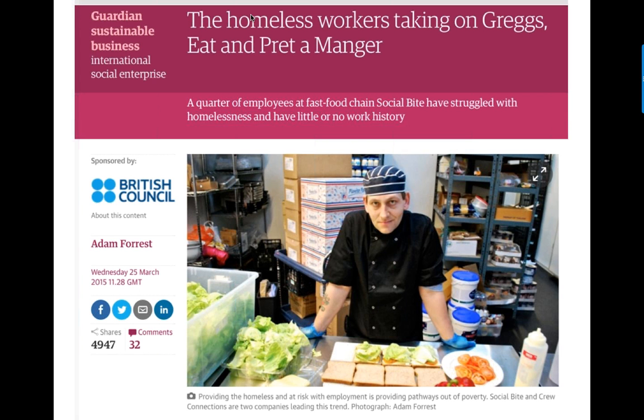Here's an example from The Guardian a few weeks ago of a food chain business, Social Bite. We've heard a lot recently about food banks, about affordability of food, about food and fuel poverty. Well, here's an example of a social enterprise, Social Bite, which in certain localities in the UK is trying to take on the likes of Greggs and Pret Manger and Subway and McDonald's.